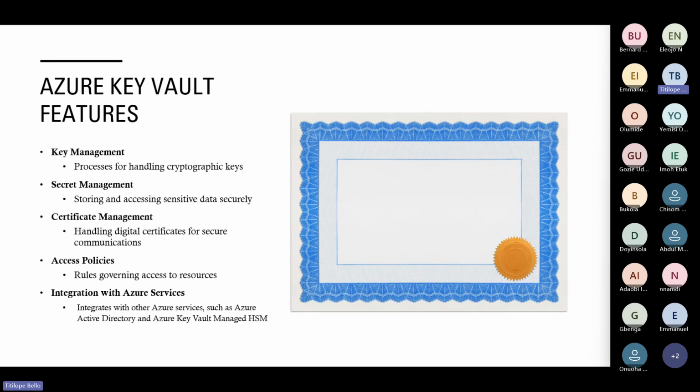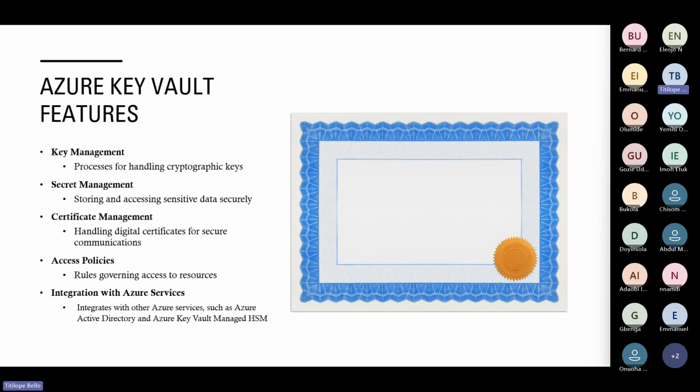Finally, there is the integration, like I said earlier. Azure Key Vault integrates with services like Microsoft Entra. It also integrates with services like Key Vault Managed HSM. HSM is Hardware Security Module. This is available for customers who want to manage their own keys and use this type of service to manage them.